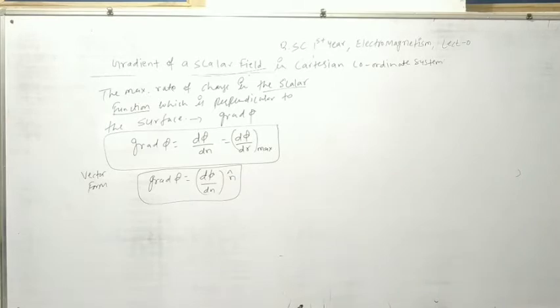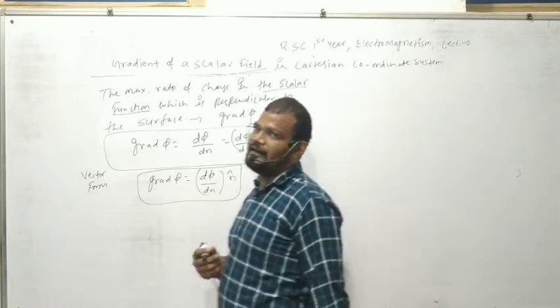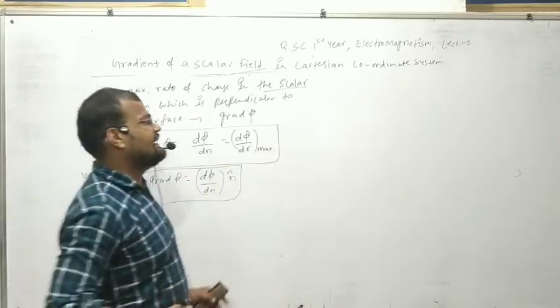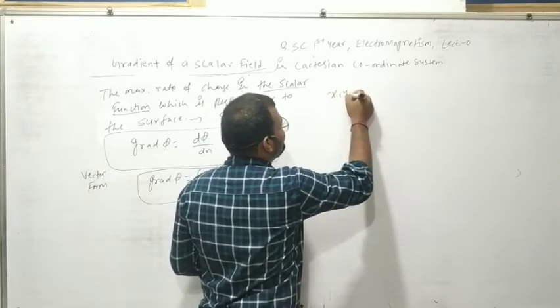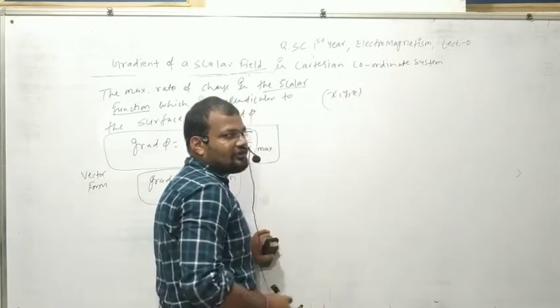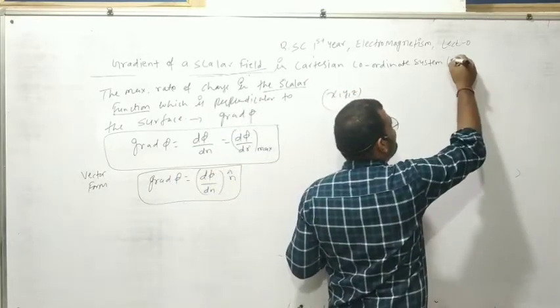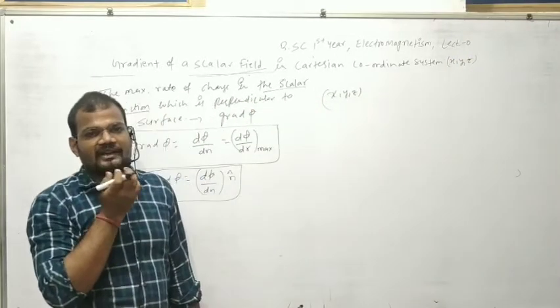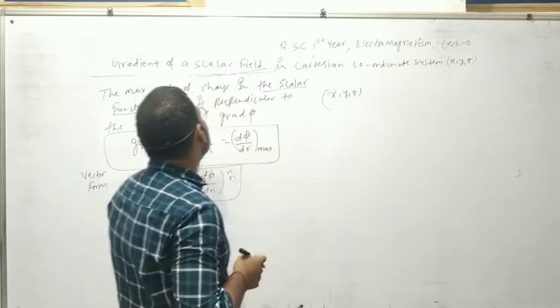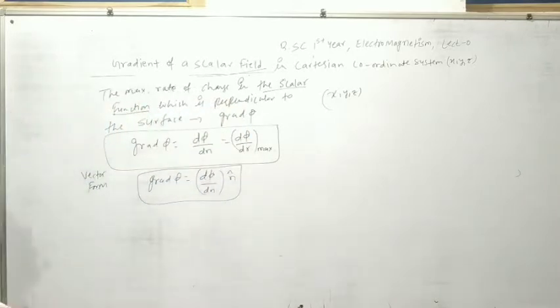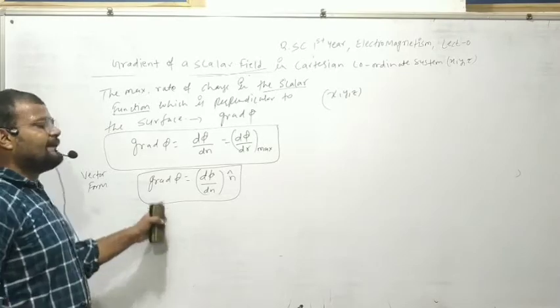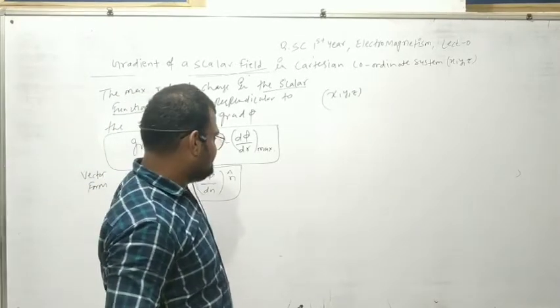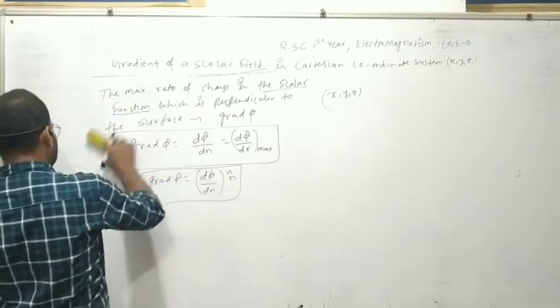So here, the gradient phi will be represented in the form of x, y, z, because the Cartesian coordinate system is represented in the form of x, y, z. You have seen the diagram in terms of x, y, z. Okay, so the gradient phi will be represented in x, y, and z.